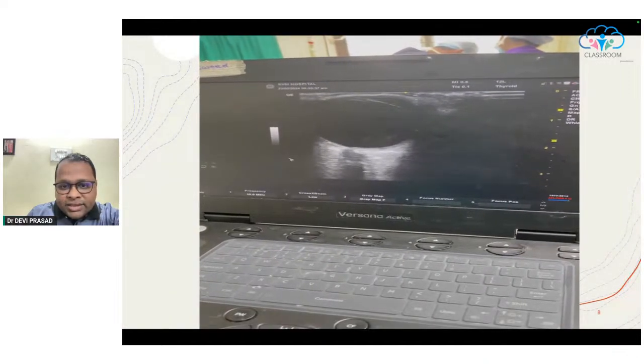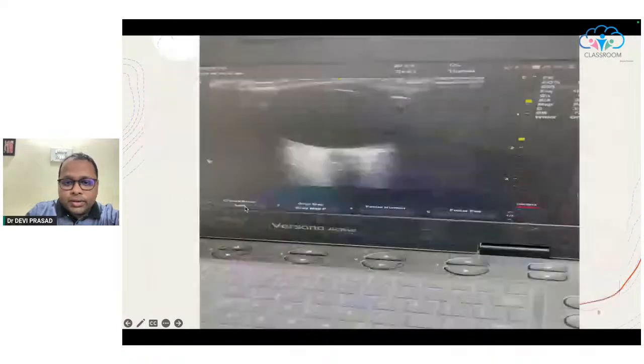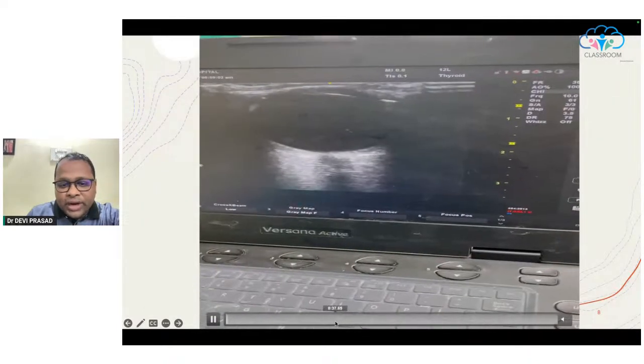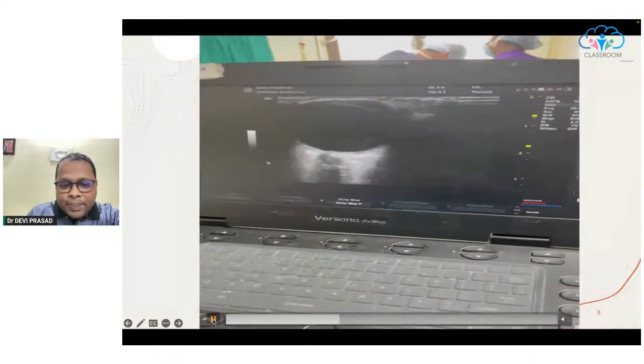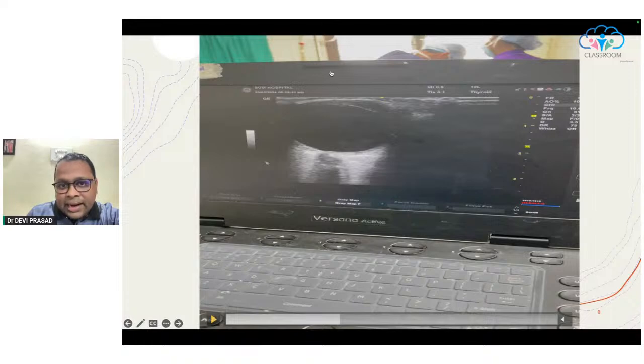With minor adjustments, we have to bring the optic nerve in line and longitudinal to the axis, where we can see a hypoechoic structure in the midline, which is the optic nerve, then a hyperechoic structure adjacent to it, which is the optic nerve sheath, and then the overall covering of the orbit.